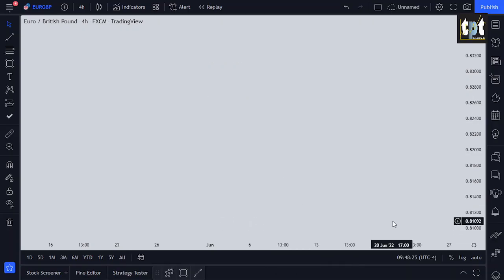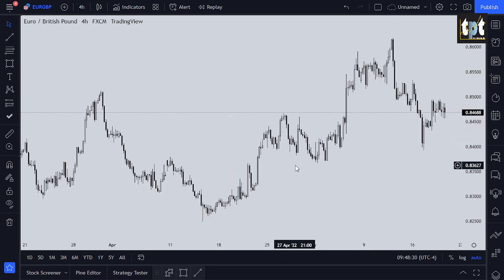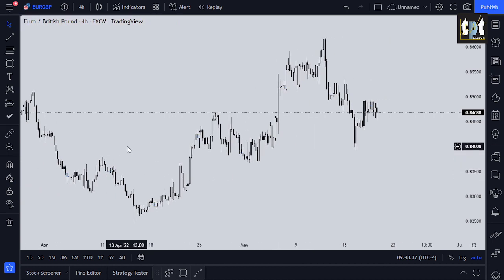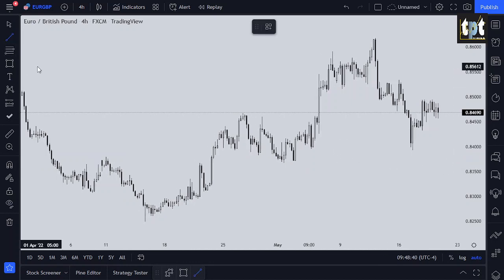Of course, you can be able to see there was this liquidity that was taken out. There was this liquidity that was taken out.